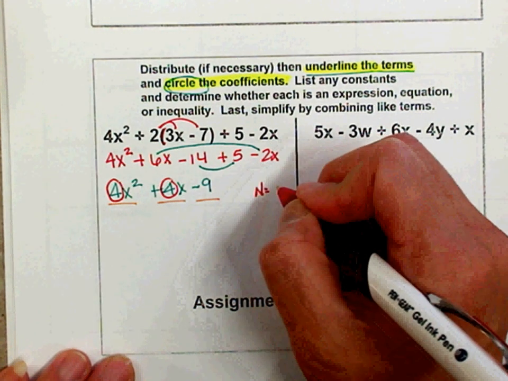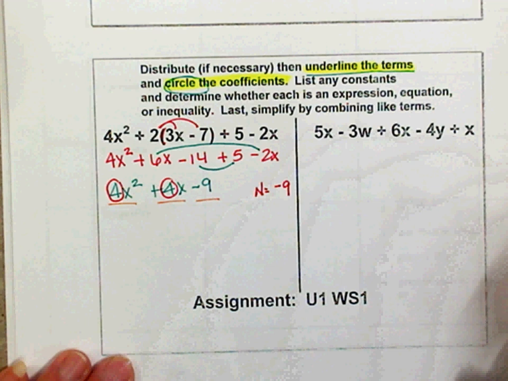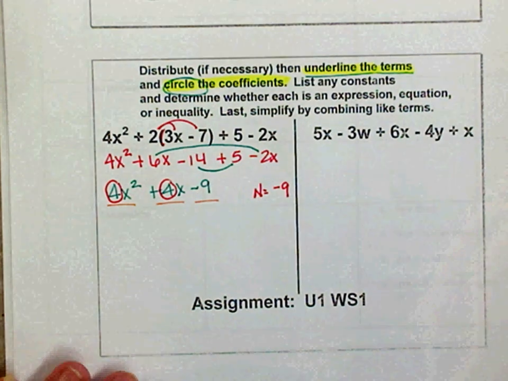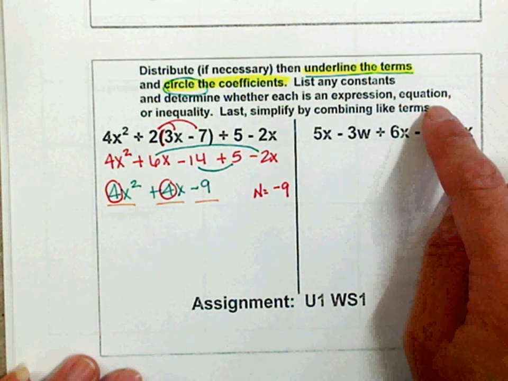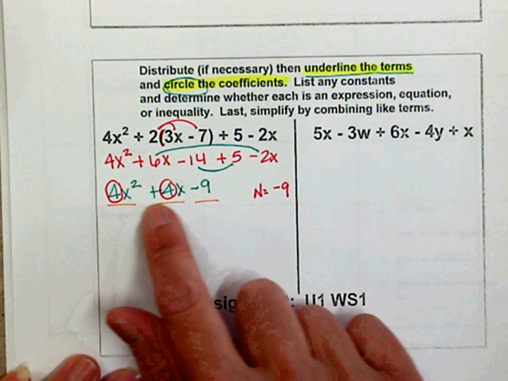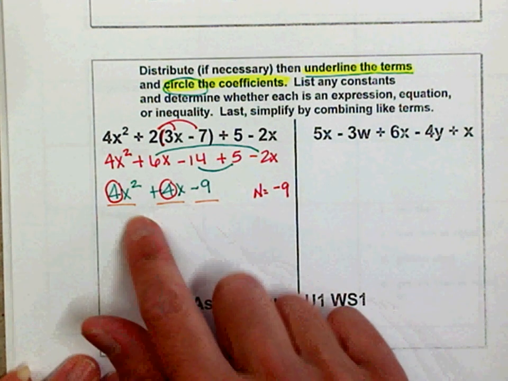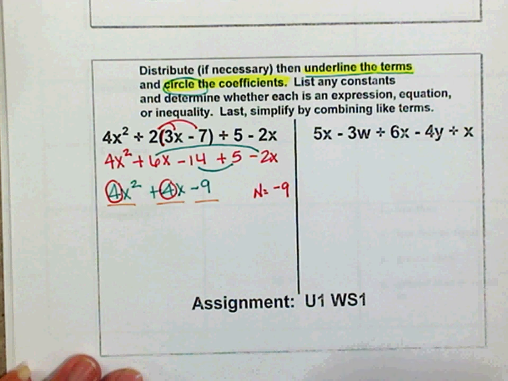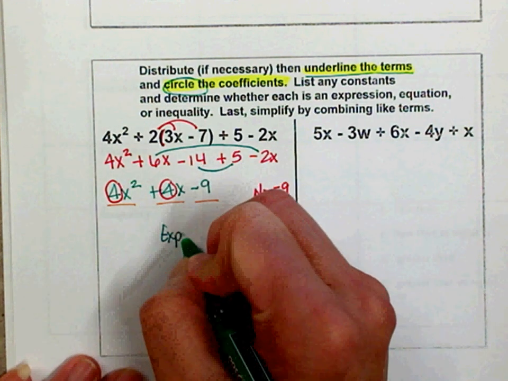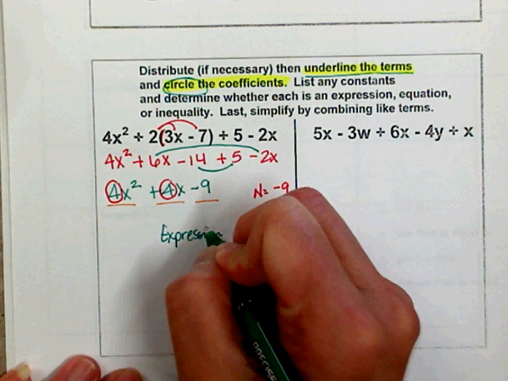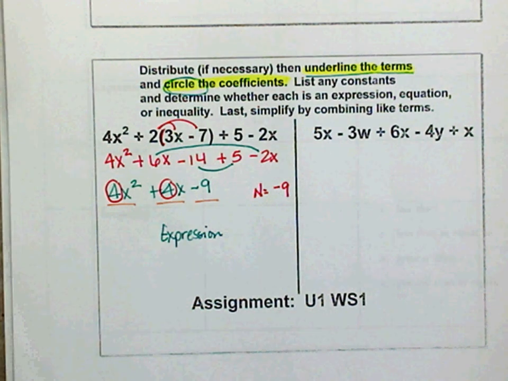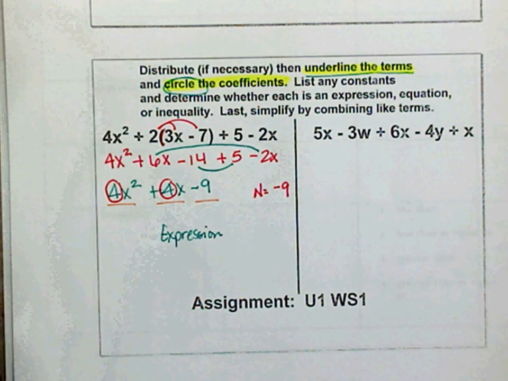Okay? Tell whether it's an expression or an equation or inequality. Now, if you look at the problem, see how there's no equal sign, no inequalities. So this here is an expression. Okay? There you go. You guys try the next one first, and then we'll work on it together.